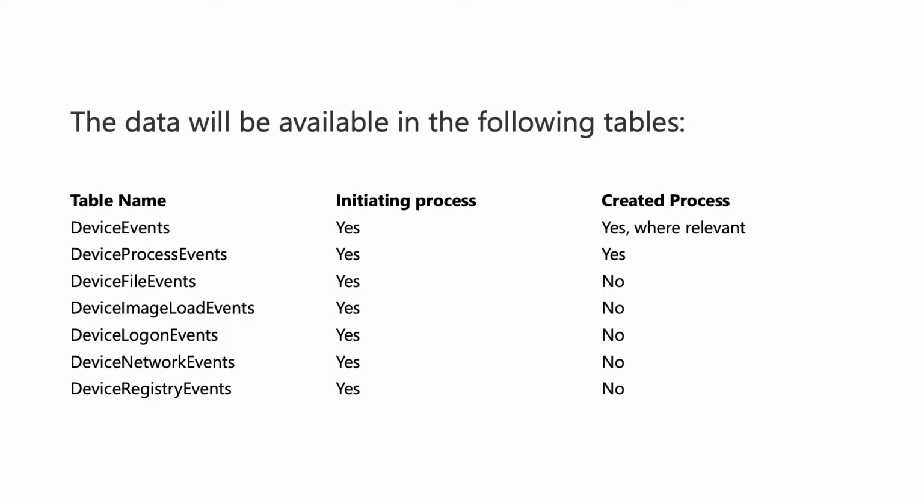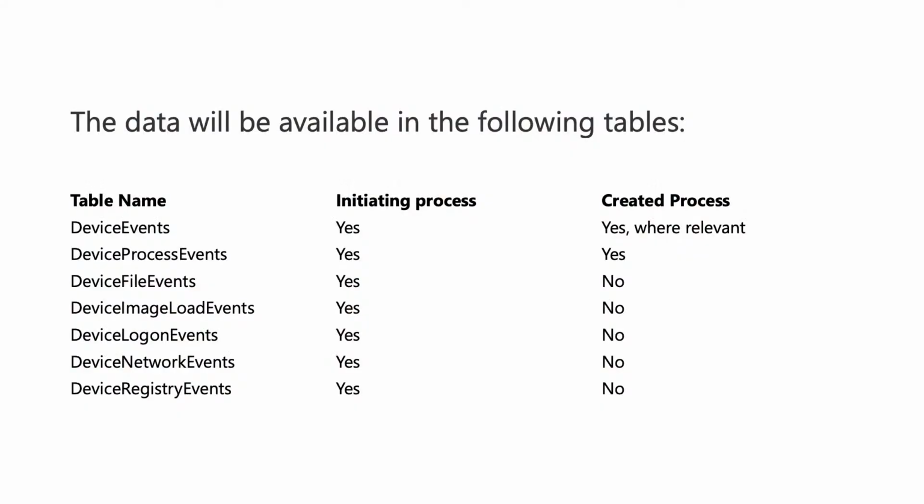And the other two are about the device that initiated the remote desktop connection, which is the device name and the IP. So the customers can tell, and even we can tell, where the RDP session came from, what was the device that initiated the connection, and what is the IP that we've observed during the process. So these 4 columns are then expanded to 8 columns in specific tables if we represent both the created process and the initiating process.